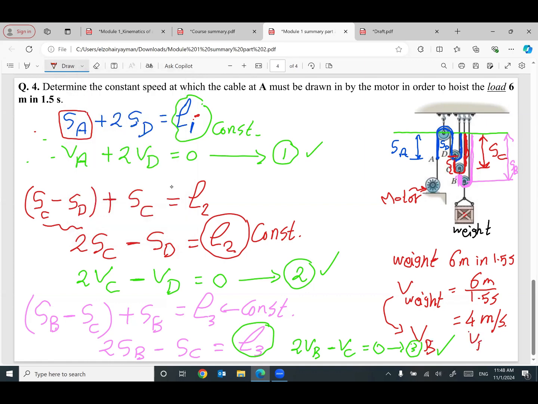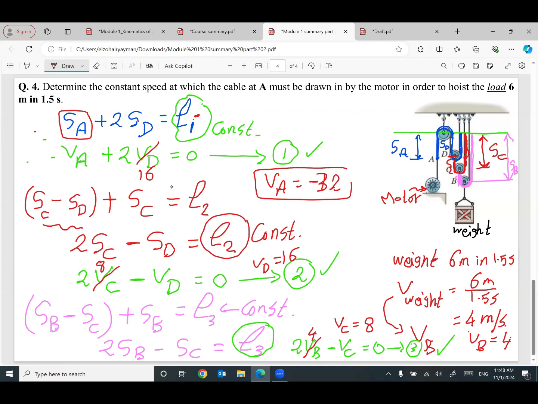Velocity at B, which is the velocity of the weight, is given by 4. If you put here VB equals 4, I can find out VC will equal 8. If you put VC here equal 8 from this equation, I can say VD will equal 16. If you put VD here 16, I can say VA will equal negative 32.